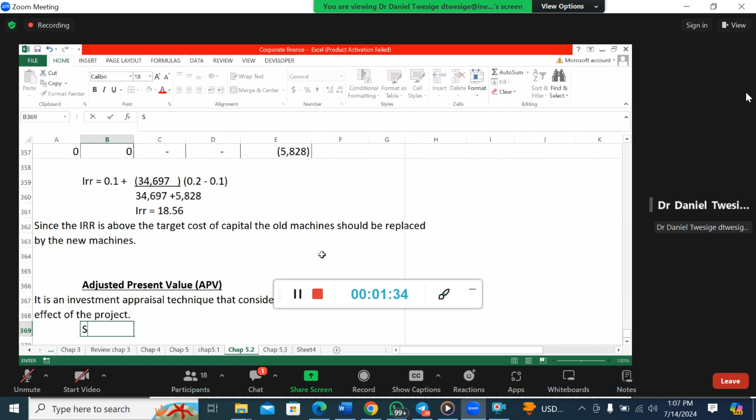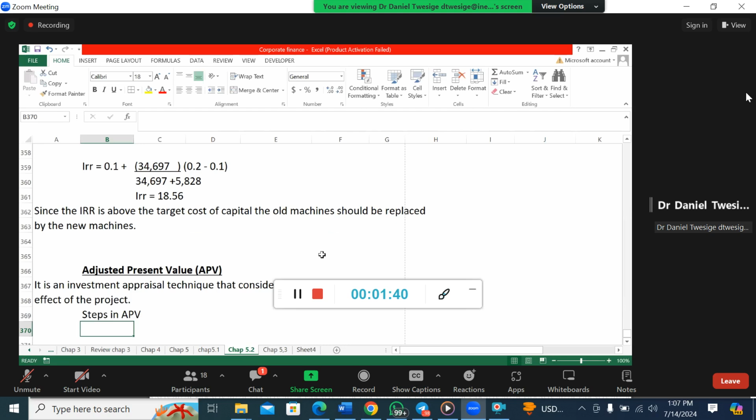So what are the steps in APV? Steps in APV.